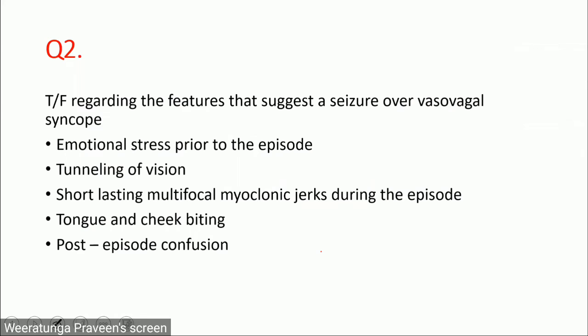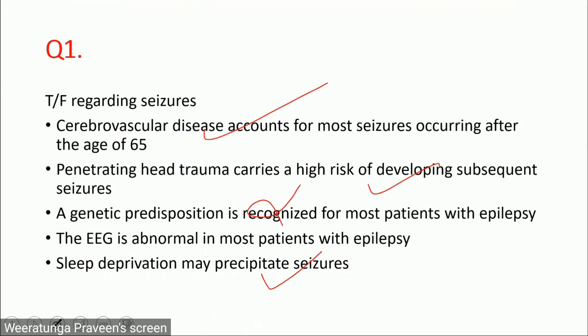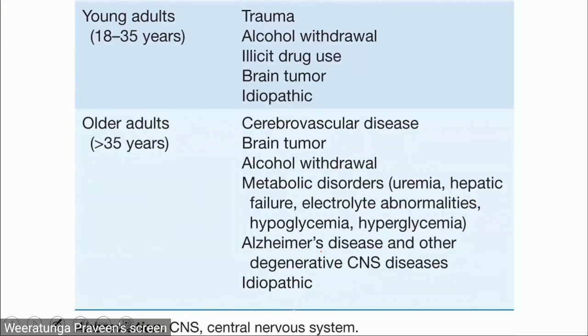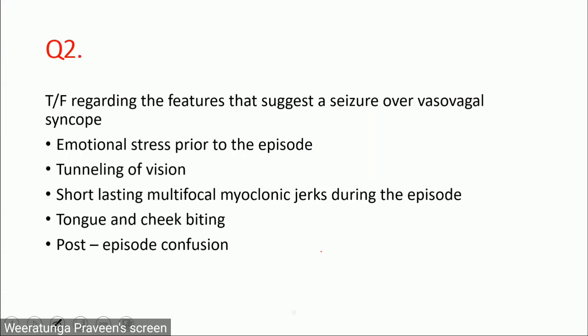Now, when you take the clinical manifestations of a seizure, we'll come back to this EEG business in a minute, right? Now, when it comes to the differential diagnosis of a seizure, a very closely related differential is syncope, right? And in this MCQ, the focus is a lot on vasovagal syncope.